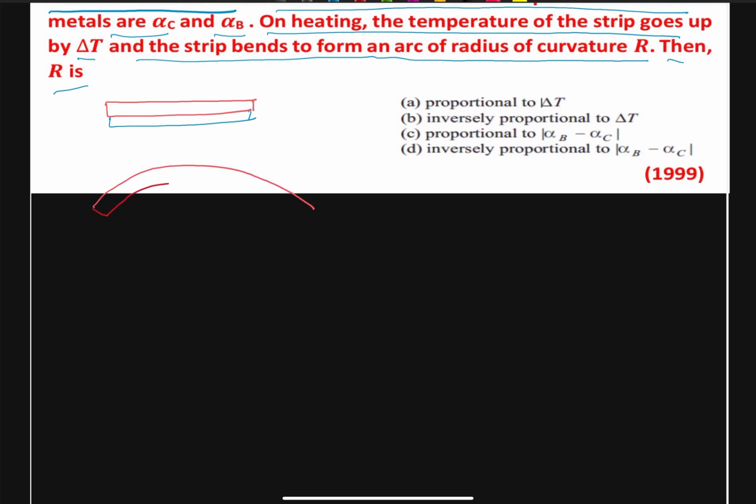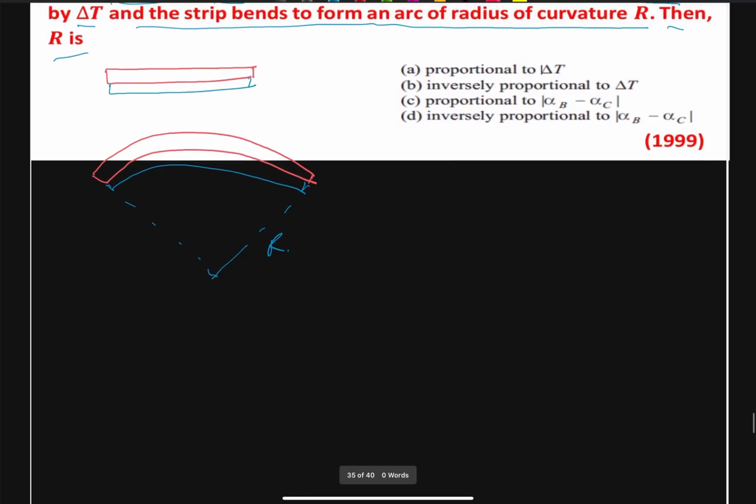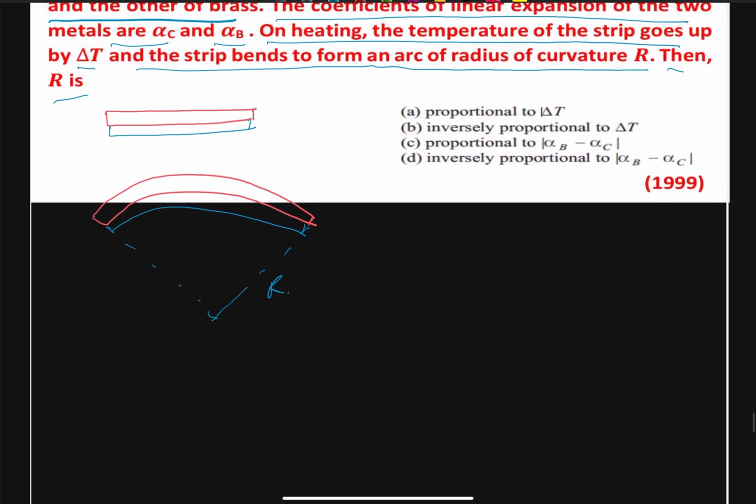This is the first one and this is the second one. And so we can find out the radius of curvature, which is given to us as R. Because they have different coefficients of linear expansion, therefore it is going to bend.